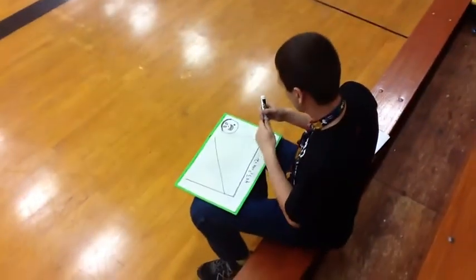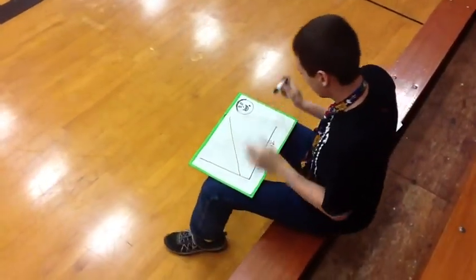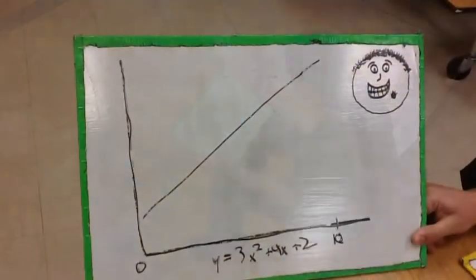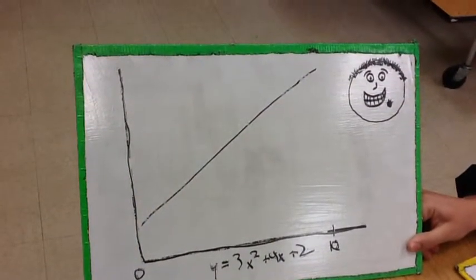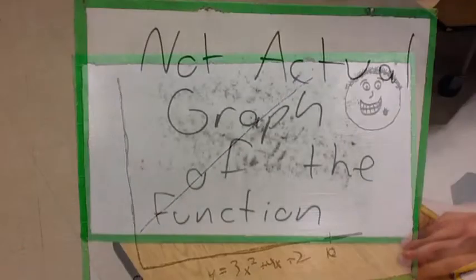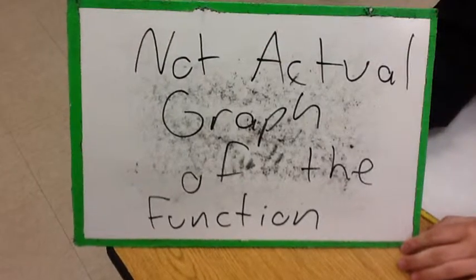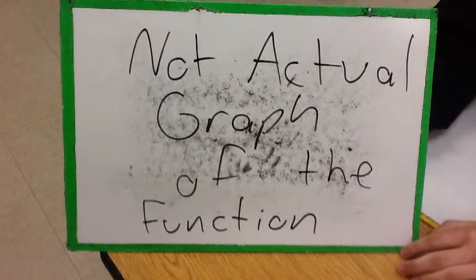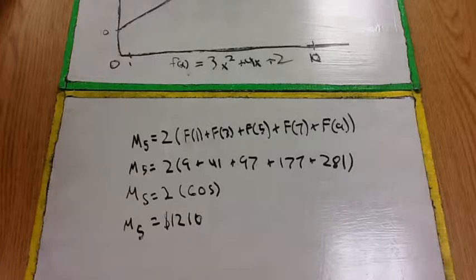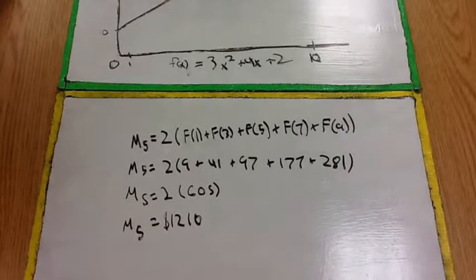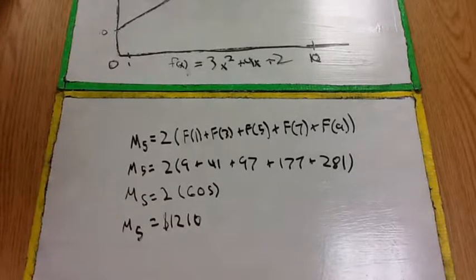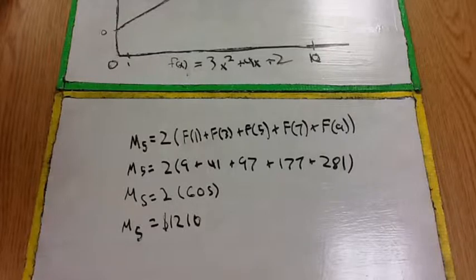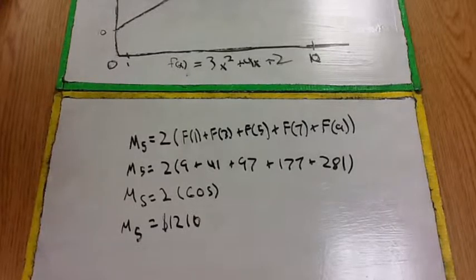Okay, so I need to do midpoint Riemann sum to calculate the profits. Okay, so when we're doing a midpoint Riemann sum for this graph of this function, the interval is from 0 to 10, and we're going to use five subintervals.